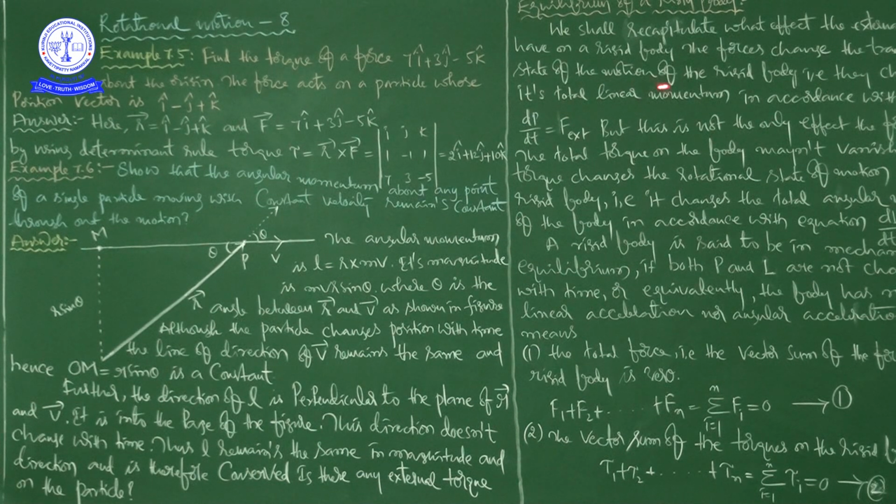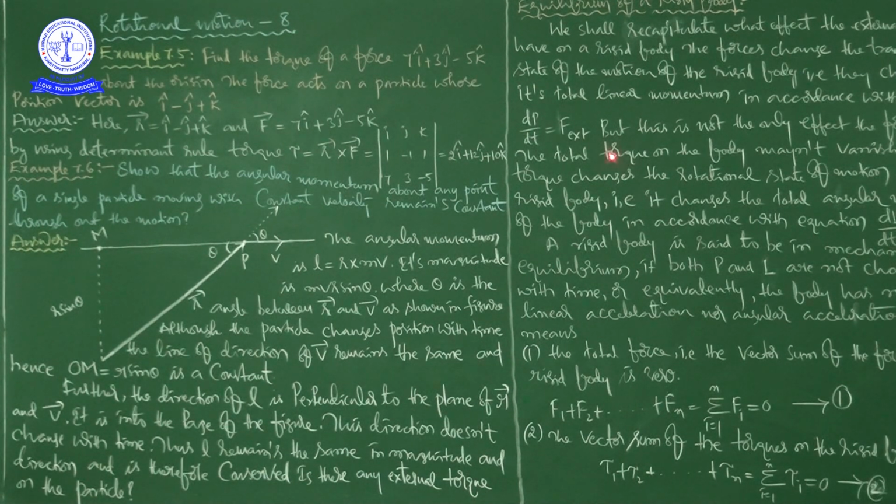You know, translational state of motion of the rigid body means that they change its total linear momentum in accordance with the equation dp by dt is equal to F external. But this is not the only effect the forces have. What about the torque? See here, the total torque on the body may not vanish.